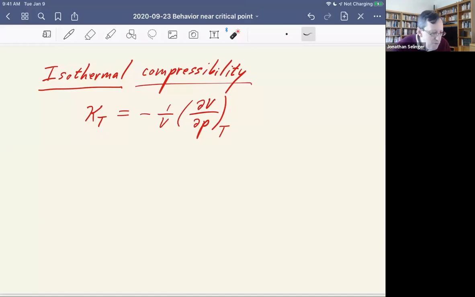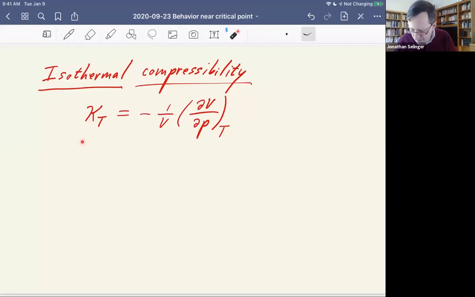Okay, so suppose we want to figure it out at a temperature and pressure near the critical point, and we'll do it in the supercritical fluid.